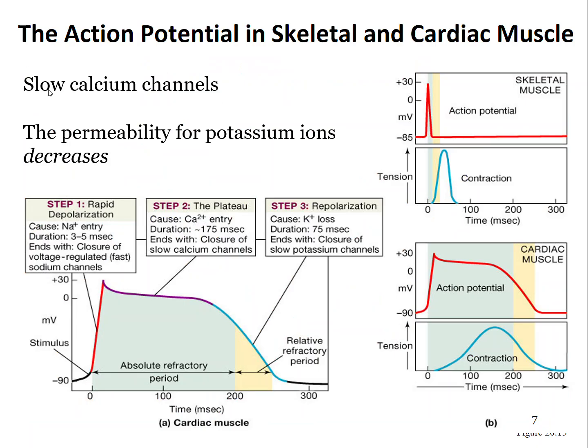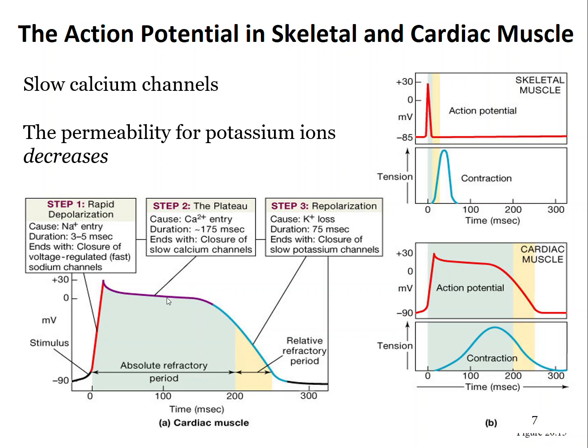So as already mentioned, the mechanism of this plateau phase is permeability to calcium and low permeability to potassium during the plateau. That's why the action potential in cardiac muscle is so long, because of this plateau.